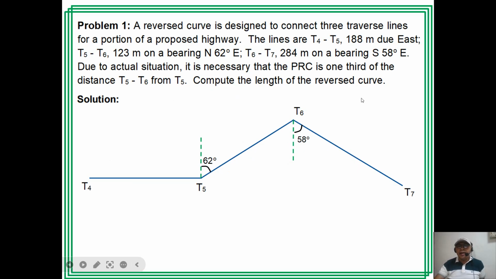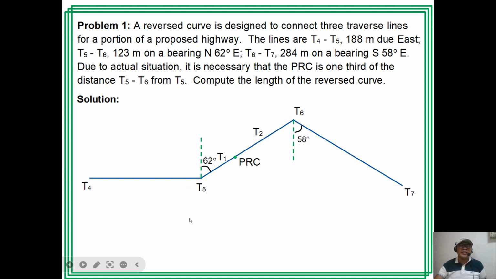Now, the requirement here is that the PRC, the point of reverse curvature, is one-third of the distance T5 to T6 from T5. So let us say the PRC is somewhere here, in which this distance, which I will call T1, is one-third of the length T5 to T6.